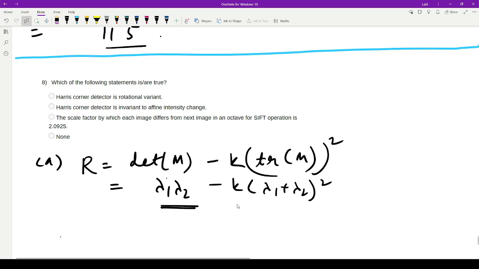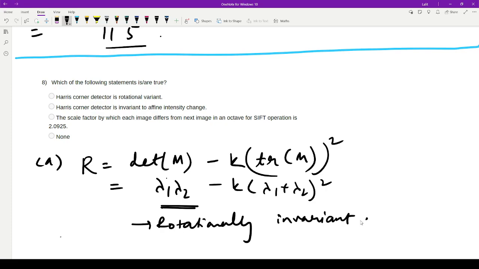It's just the eigenvector direction which changes, but the magnitude of the lambdas remains the same. Since it's independent of direction, it is rotationally invariant. So this is false.